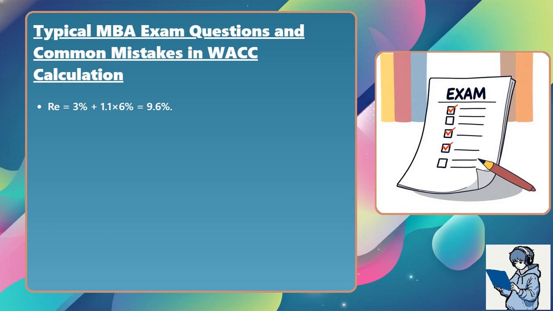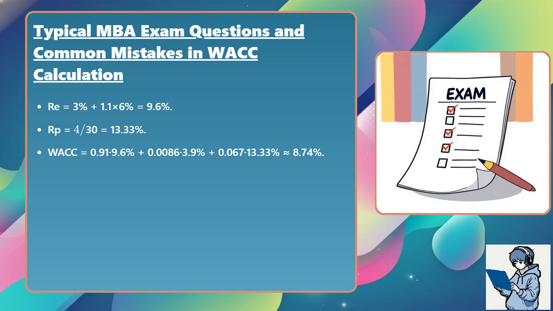RE equals 3% plus 1.1 times 6% equals 9.6%. RP equals $4 divided by $30 equals 13.33%. WACC equals 0.91 times 9.6% plus 0.0086 times 3.9% plus 0.067 times 13.33%, approximately 8.74%.